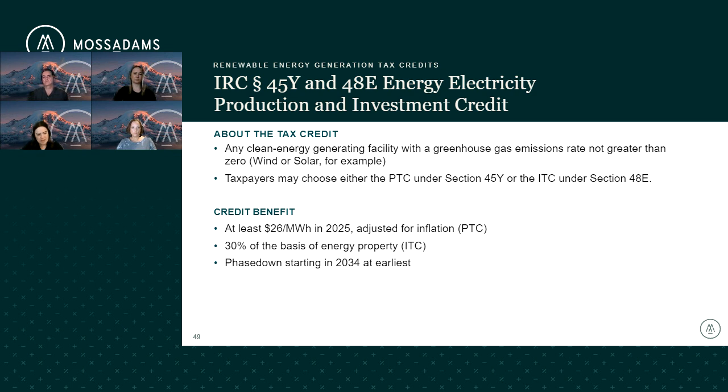Again, very similar, but it's going to change your credit benefit to $26 per megawatt hour, and then that 30% basis. Like I said, both of these apply if the prevailing wage requirements are met. And then eventually there will be a phase down in 2034.